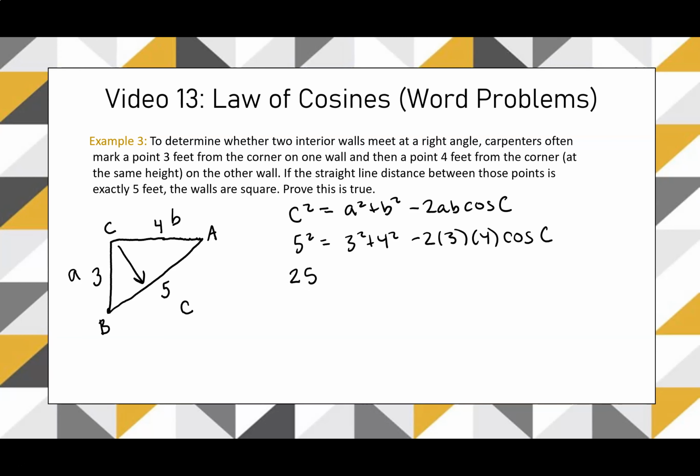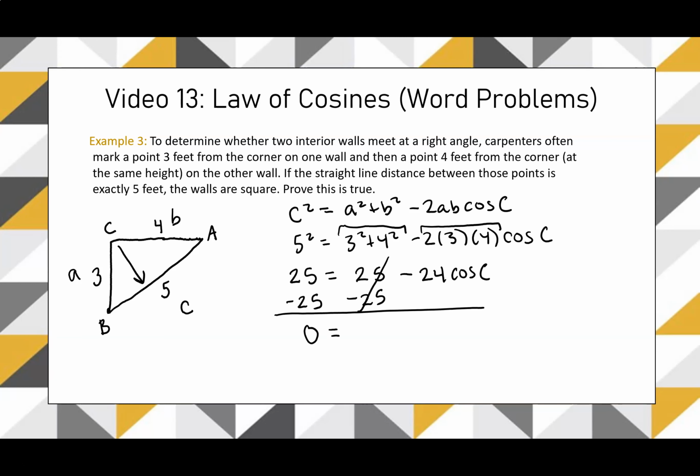What does this become? It becomes 25. 3 squared plus 4 squared is also 25. Minus, well, 2 times 3 times 4 is 24 cosine C. I've got to solve for angle C, so let's get this 25 on the other side. That's going to cancel out here, and I'm left with 0 equals negative 24 cosine C. Divide by negative 24.